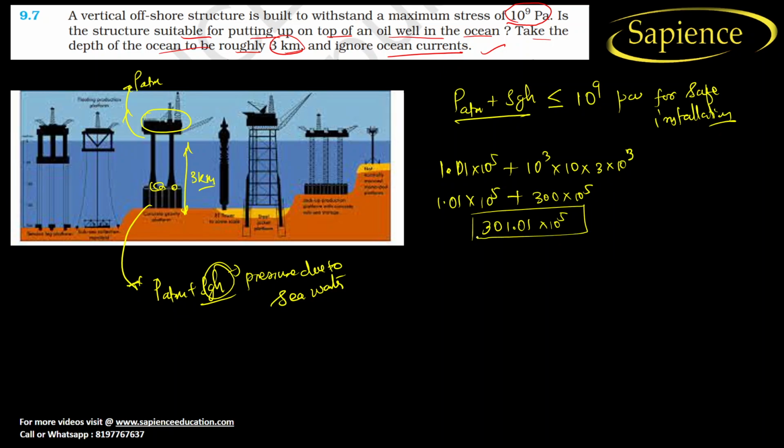So when we take it, it is about 3.01 into 10 to the power 7, which is very much less than 10 to the power 9. Hence, what should be the conclusion?